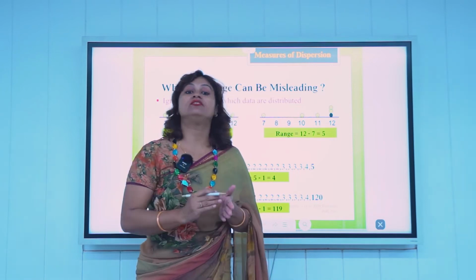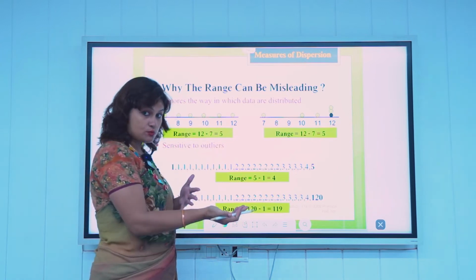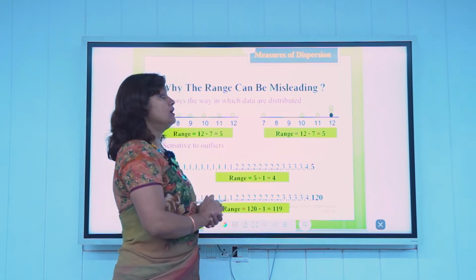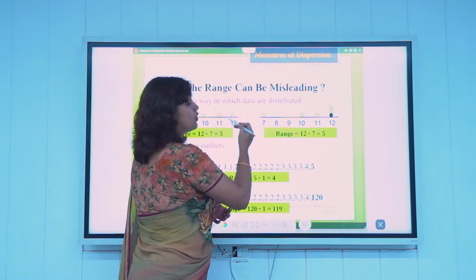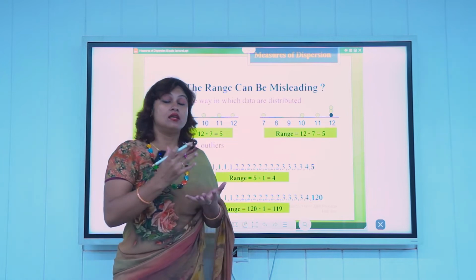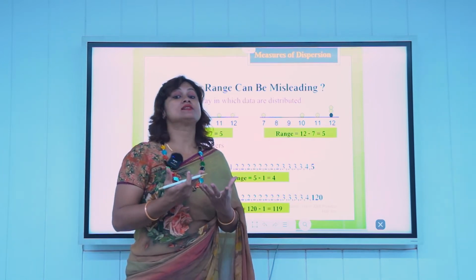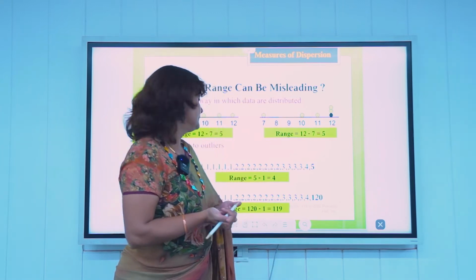But even if these are equal, what happens? Range again comes out to be equal, that is 5. Even though the two data sets are not alike, range is still giving us the message that it is 5. This way, range can be misleading.